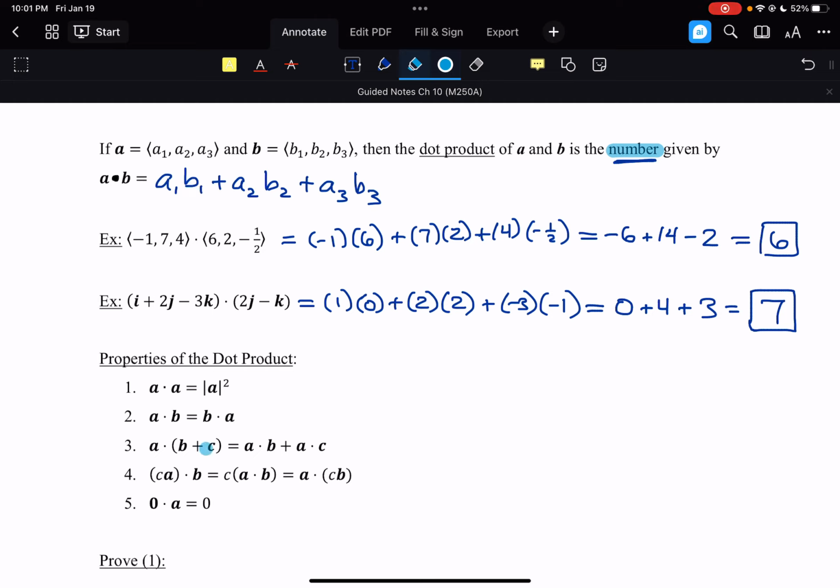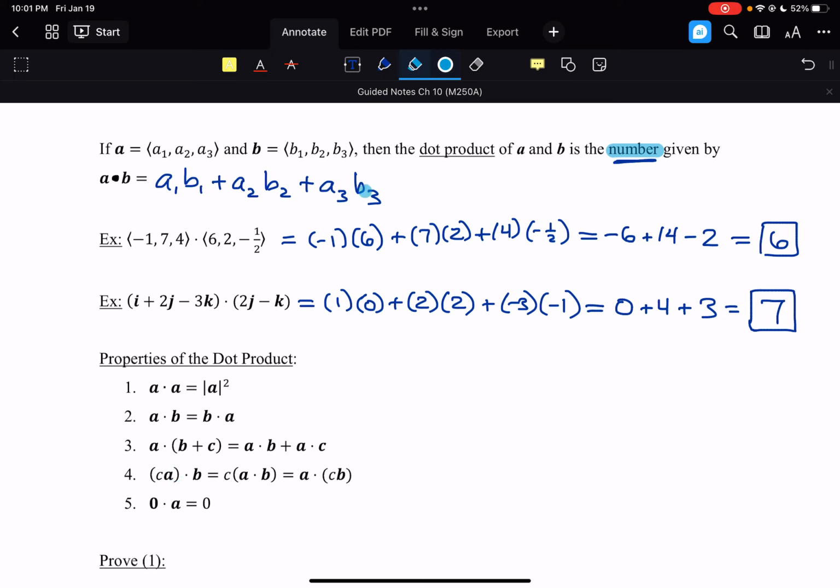A dot (B plus C) is equal to A dot B plus A dot C, so it's distributive as well. A scalar C times A, dotted with B, is the same thing as A dotted with C times B, which is the same thing as C times (A dot B). So scalar multiplication can take place at any level of the dot product.